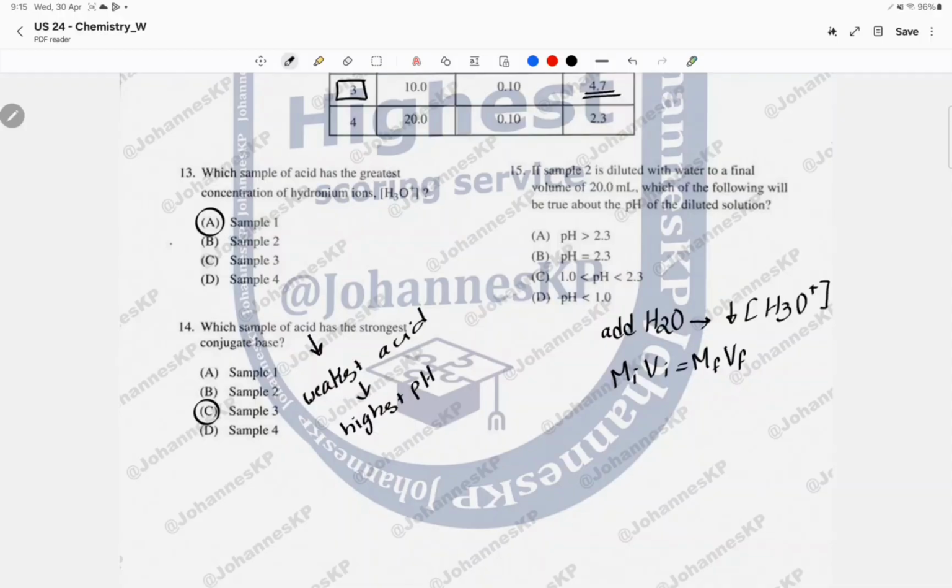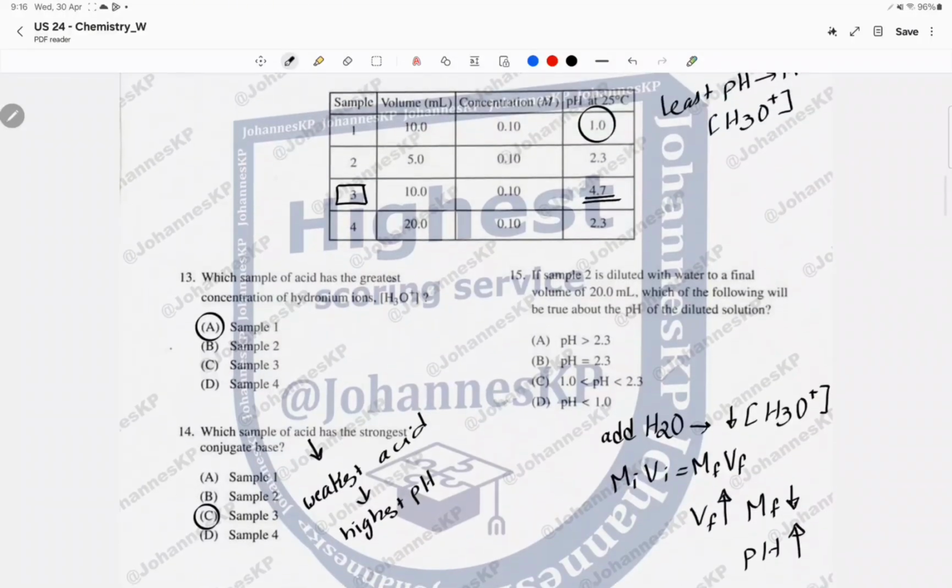So since you'll be adding water, that will make your V final more, which would make your M final less. And so if the molarity of the hydronium goes down, the pH has to go up. The pH of sample 2 is 2.3. That means the pH now has to be more than 2.3. So it's going to be A.